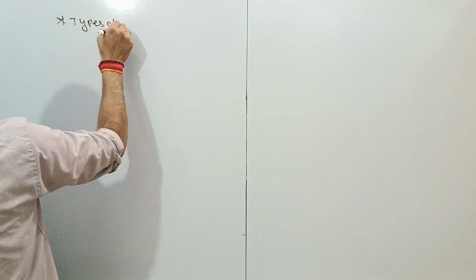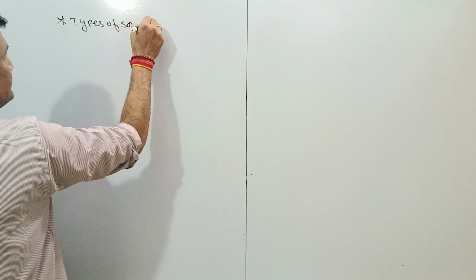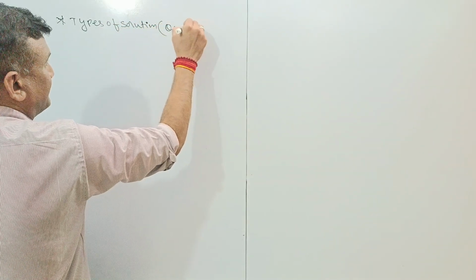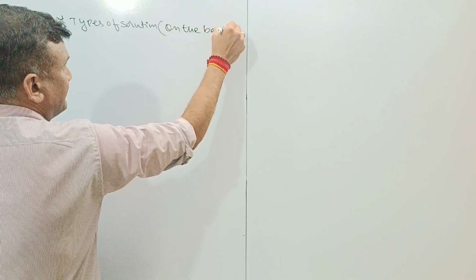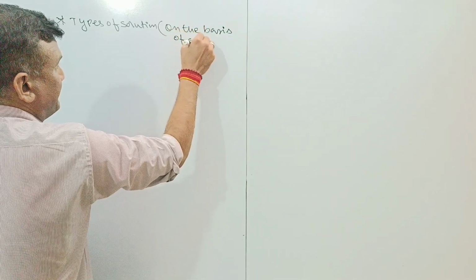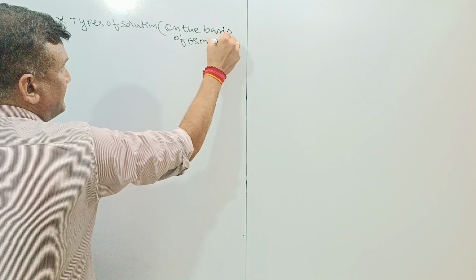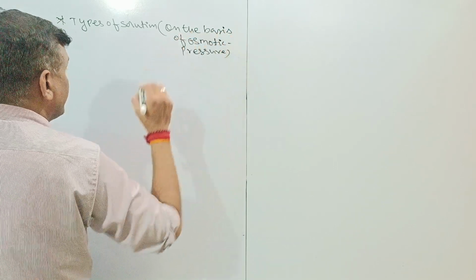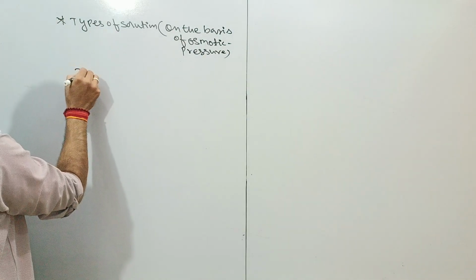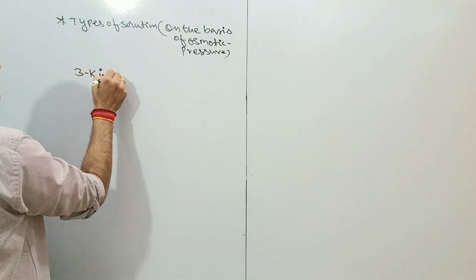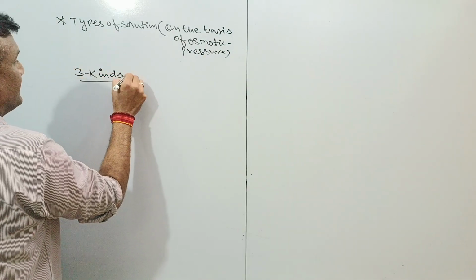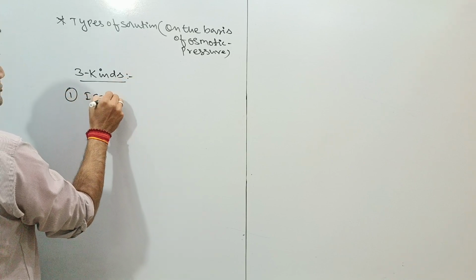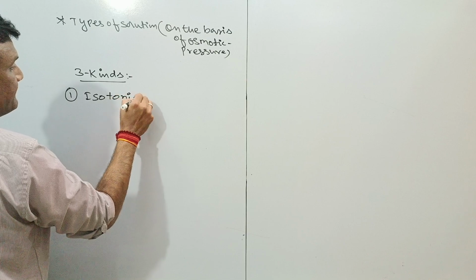So these are the types of solution on the basis of osmotic pressure. There are three kinds of solution. Number one is isotonic solution.